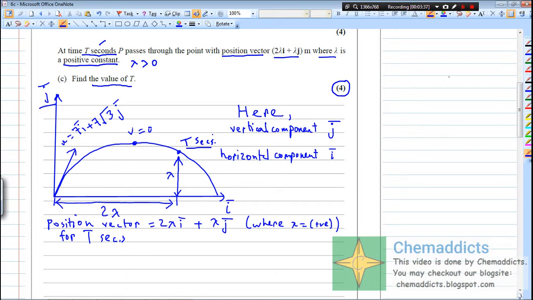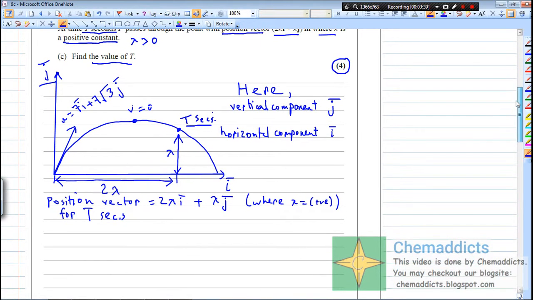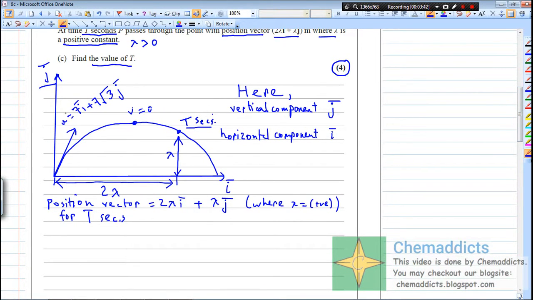Okay, so now let's concentrate on this diagram. Here the initial velocity is given. At this point v would be 0. At time t seconds, the vertical displacement would be lambda, and the horizontal displacement would be twice lambda.